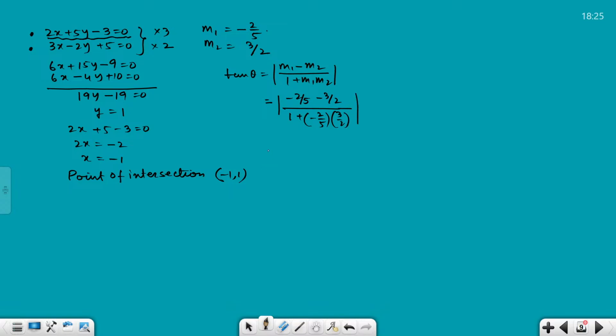Correct? So what is the angle between them? It's nothing but tan inverse 19 over 4. And that's your answer.